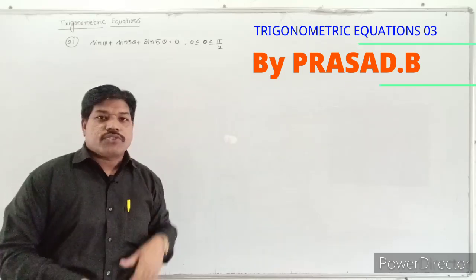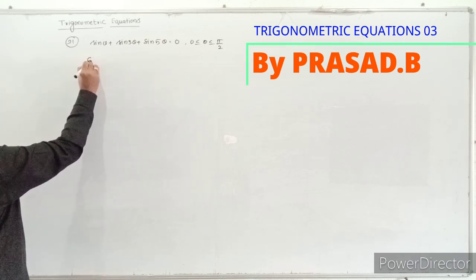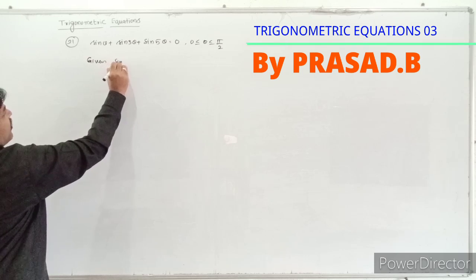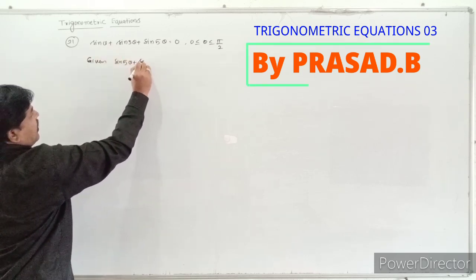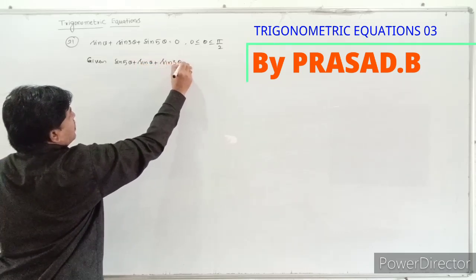Okay, so see that question, students, how to solve this one. That is the condition given. I will take sin 5 theta plus sin theta plus sin 3 theta equal to 0.